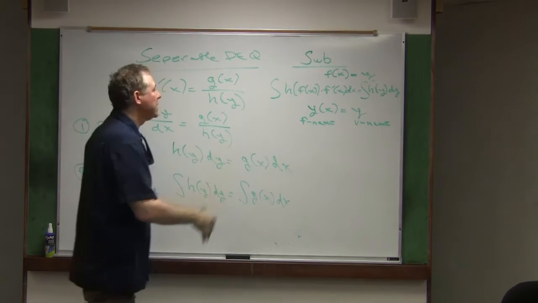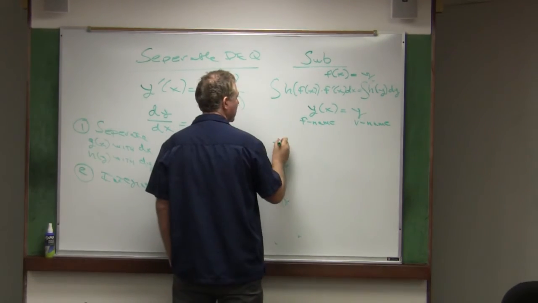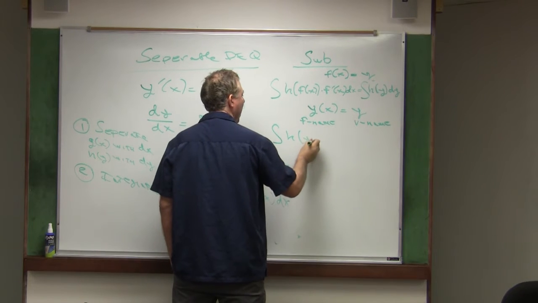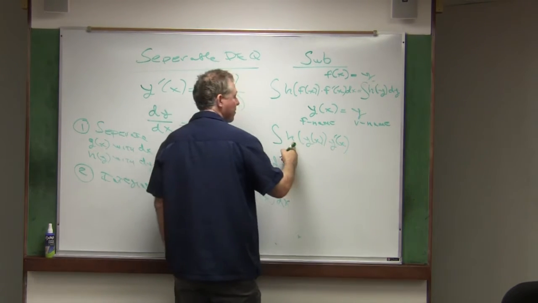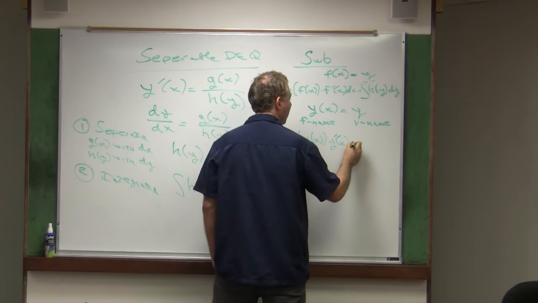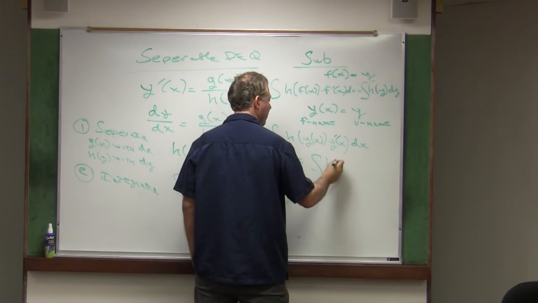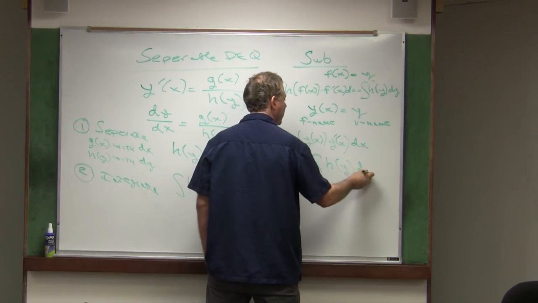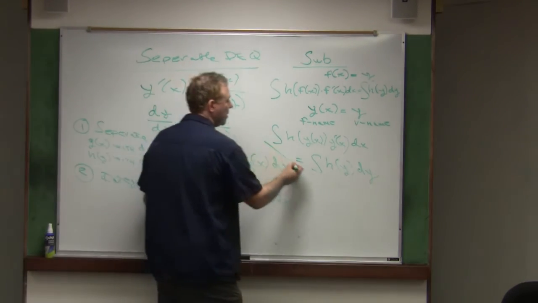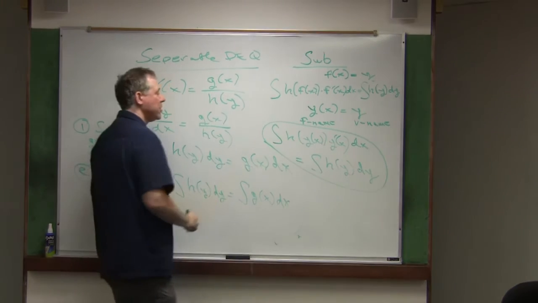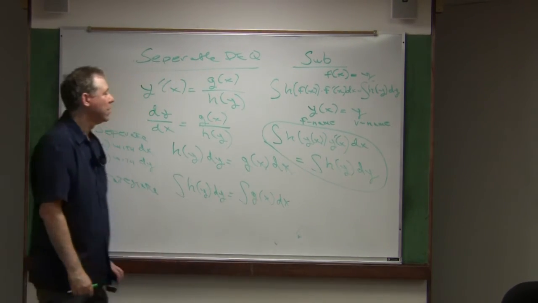And if I apply my substitution rule in this context, I get the antiderivative of h of y of x times y prime of x dx is equal to the antiderivative of h of y dy. Okay? So this is just your substitution rule.